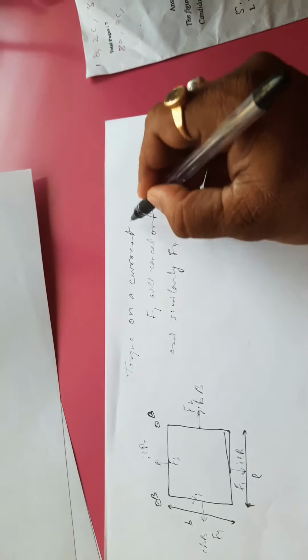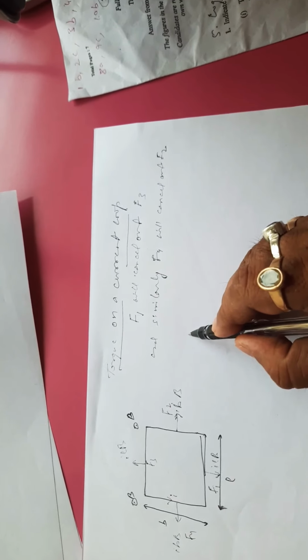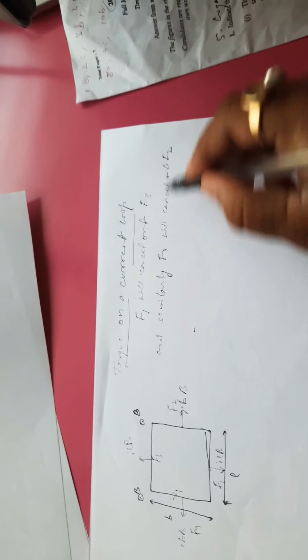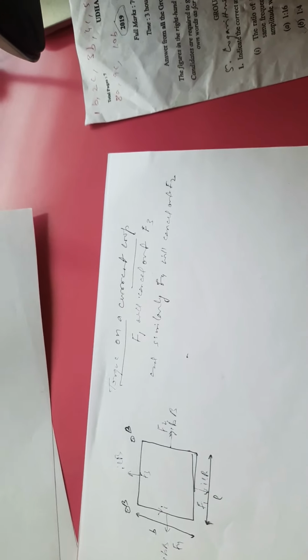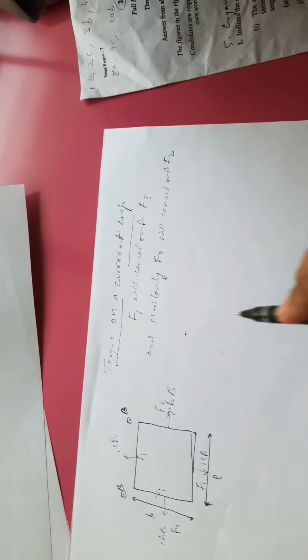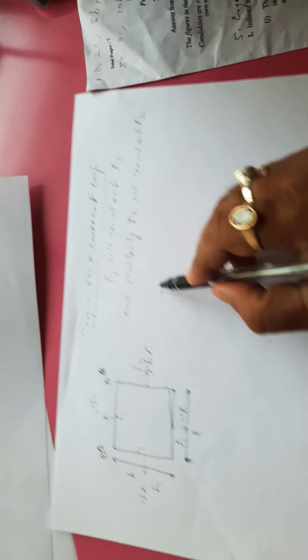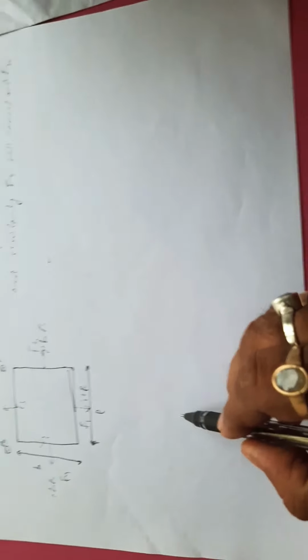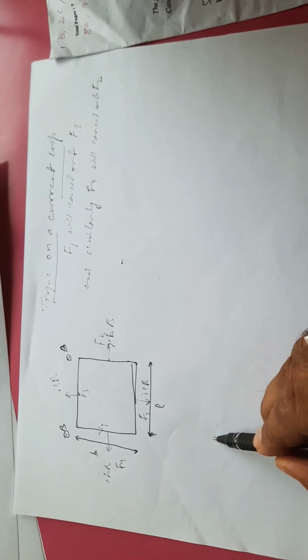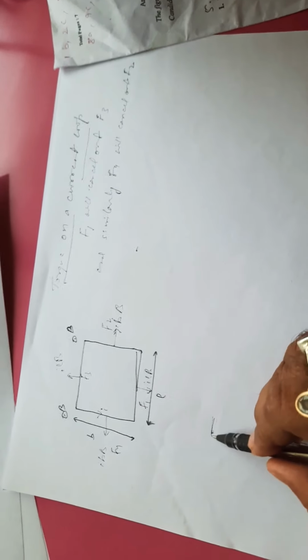Now what we'll do is that we'll just tilt the loop. In this particular case, the forces are cancelling out each other, that is F1 is cancelling out F3 and F4 is cancelling out F2, so ultimately no force will be acting on the loop. The resultant will be 0. So what we will do next is that we'll try to tilt the loop. It will make an angle theta.